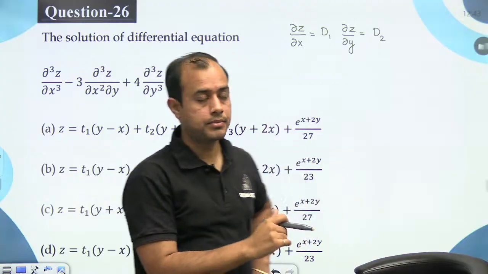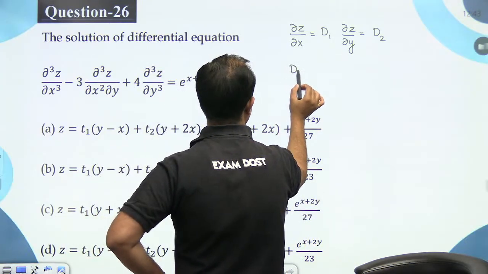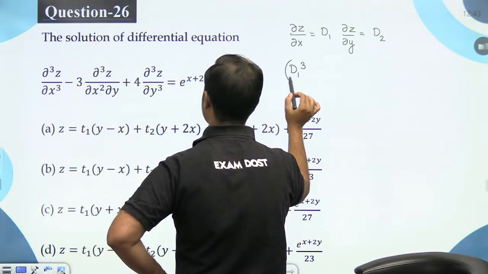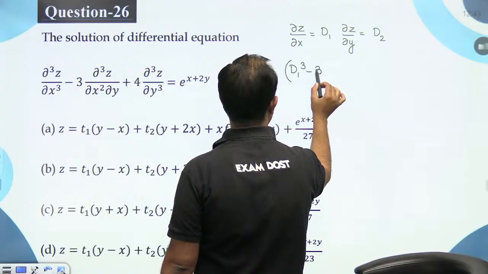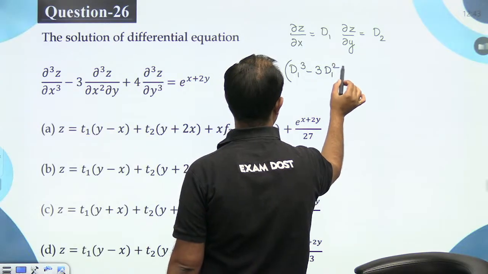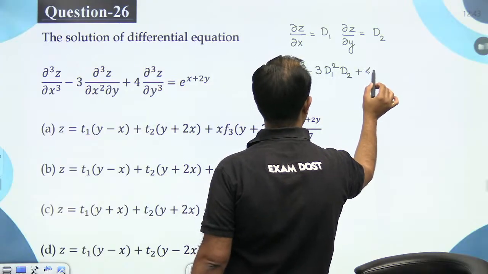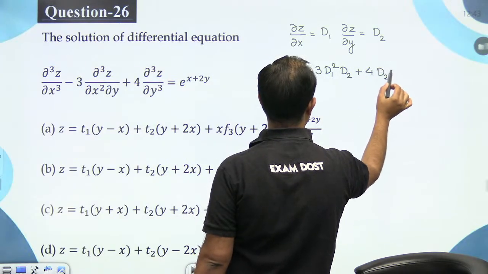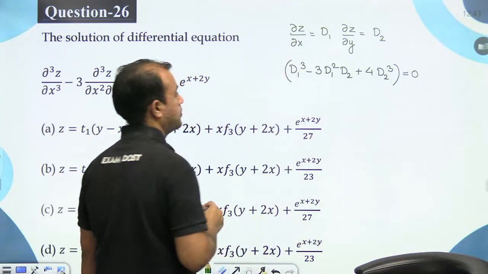Is that clear? Now, del cube z by del x cube is D1 cube minus 3 D1 square D2 plus 4 D2 cube is equal to 0.